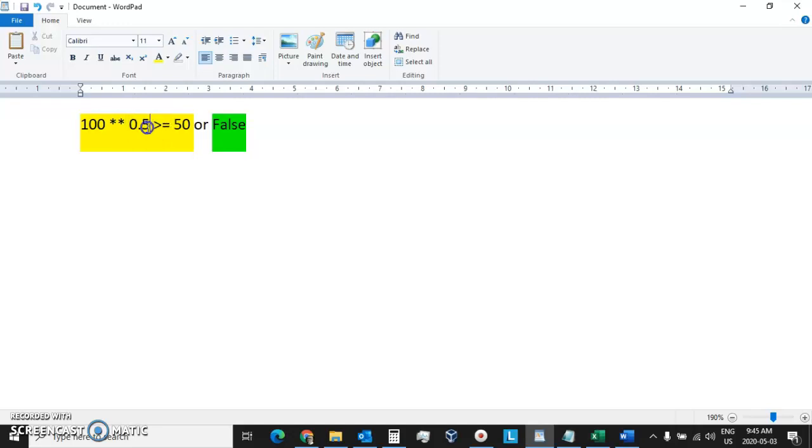So we have an exponent here. 2 stars means exponent. So 100 exponent a half. Now, if you've never seen that before, a half exponent means the square root. What is the square root of 100? Well, the square root of 100 is just simply 10.